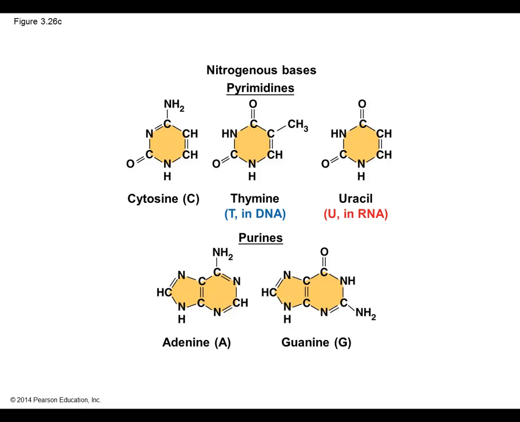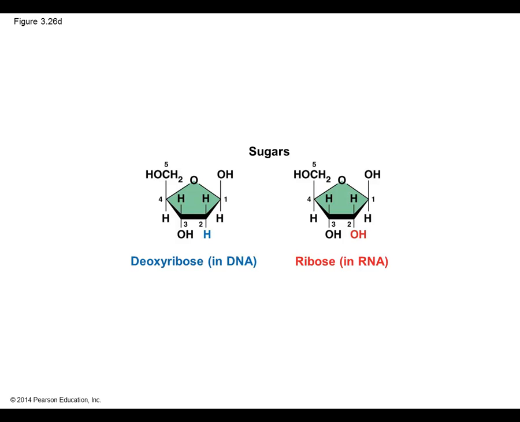Each base has one or two rings that include nitrogen atoms. So in DNA you have thymine, cytosine. In RNA you have uracil instead of thymine. And in both DNA and RNA you have adenine and guanine. The sugar in DNA is deoxyribose.